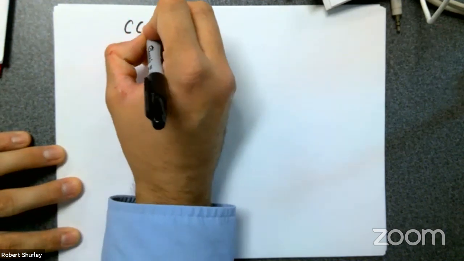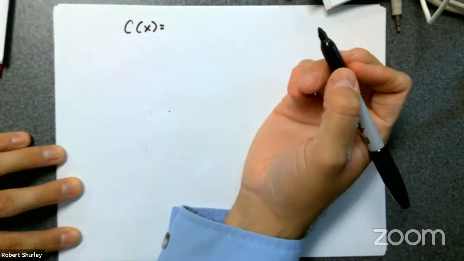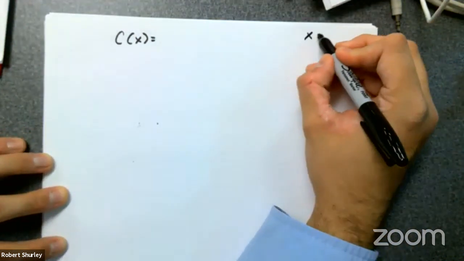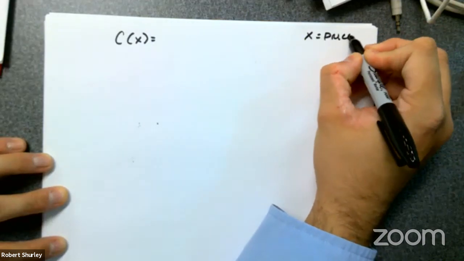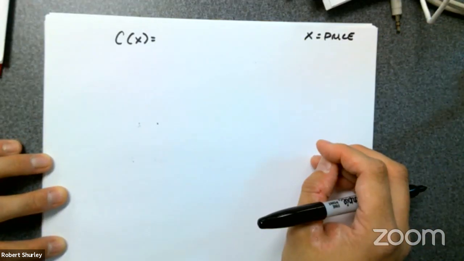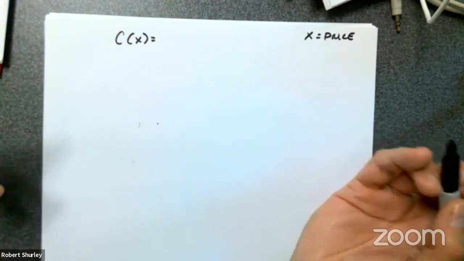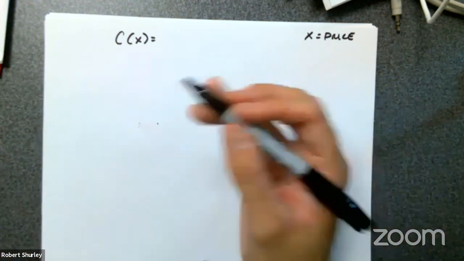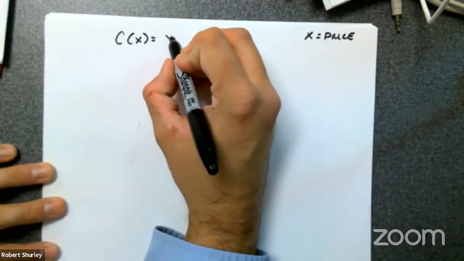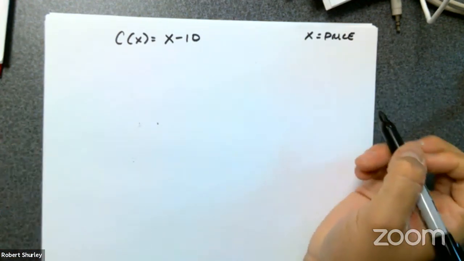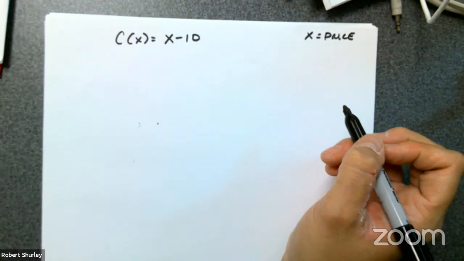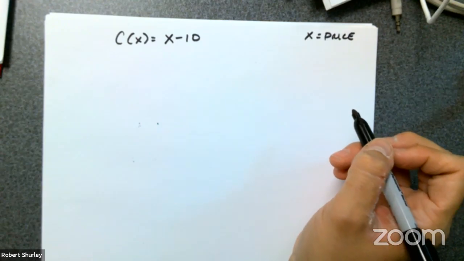C of X equals, now look, I'm going to say X is the price, okay? X is the price. And we'll do C of X is the coupon. So let's say I have a $10 off coupon. So X minus 10, right? So C of X equals X minus 10.